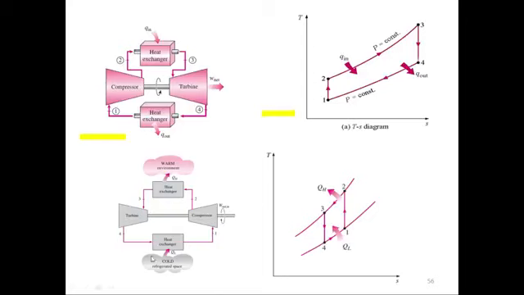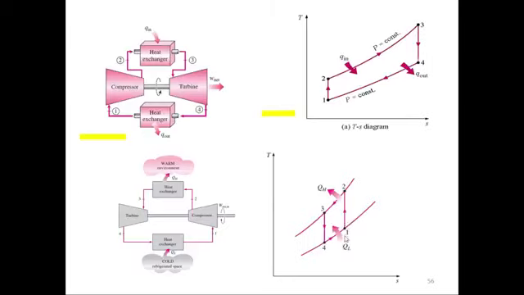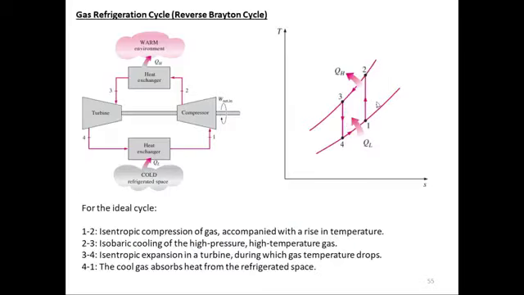Okay, so moving on. The actual cycle differs due to non-isentropic compression and expansion processes. So this is the ideal compression process and ideal expansion process. In actuality, the compression process will not be ideal, and the actual process will deviate in the sense that its entropy will increase.